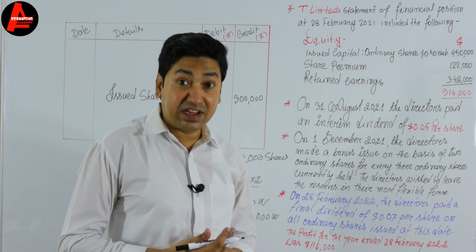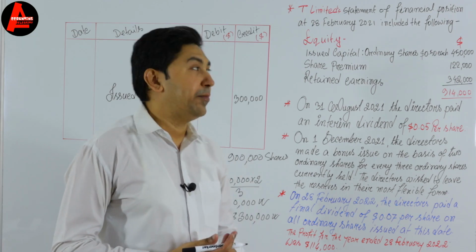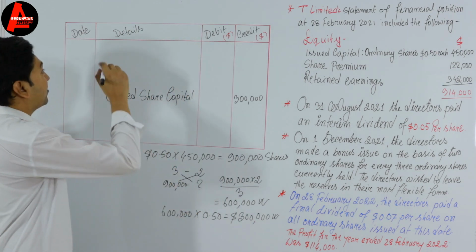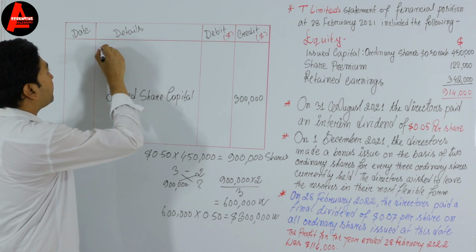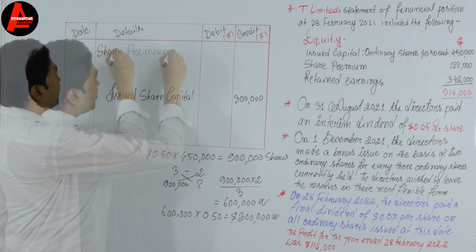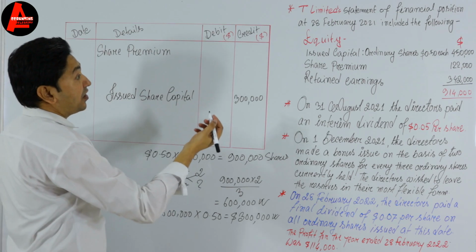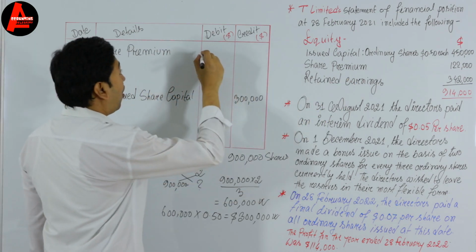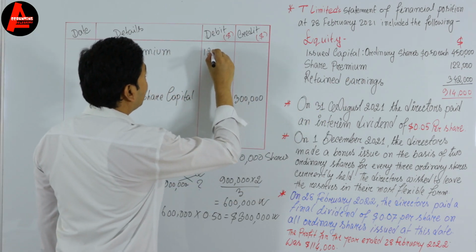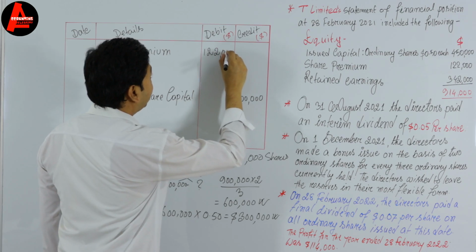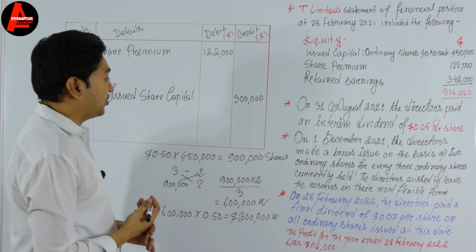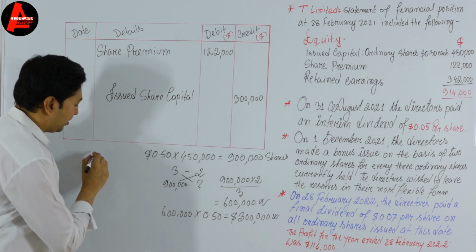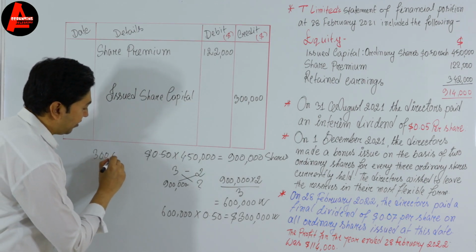When it decreases, it will be debited. So let us write share premium first. We will take all $122,000 to recover this amount.